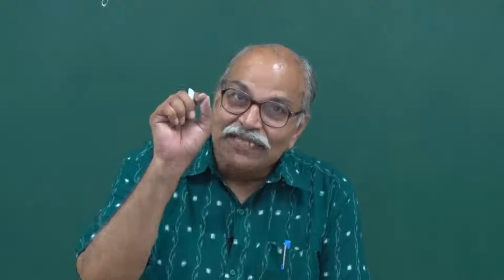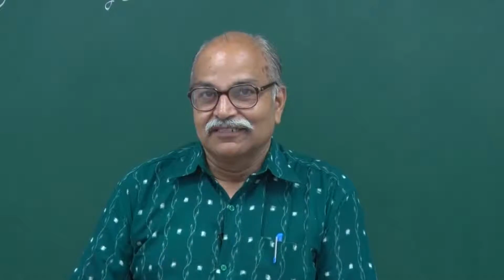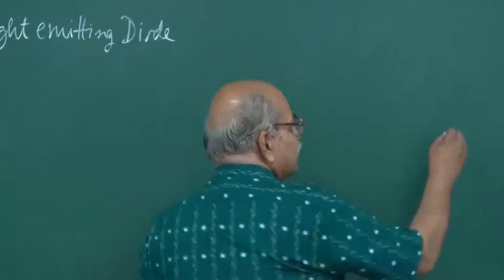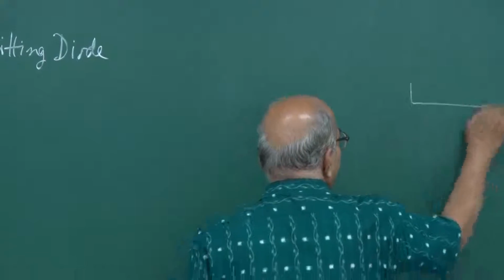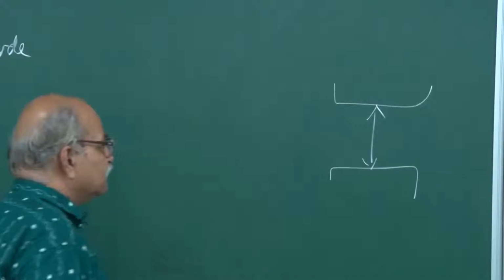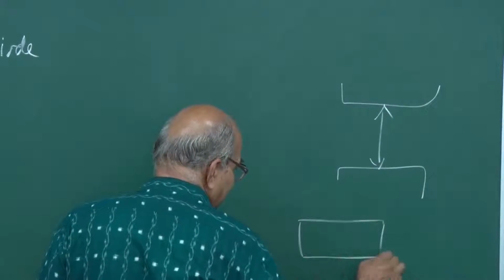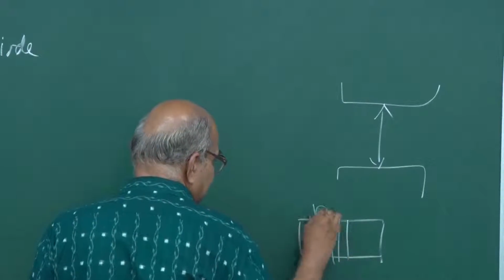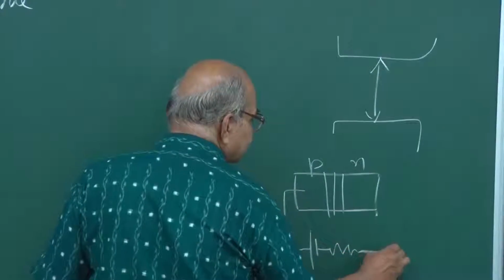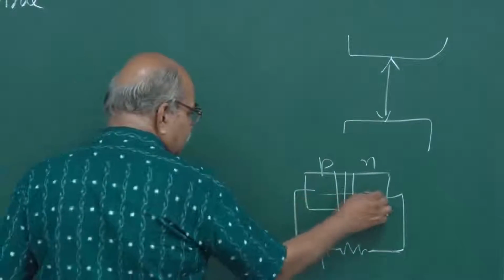The basic unit of LED is just a PN junction, right, but that PN junction is such that the band gap is in the visible region, so that if a current goes through it, if you have this PN junction, this is P side, this is N side as usual, and you connect it in a forward bias condition like this, so that you have a current in this.